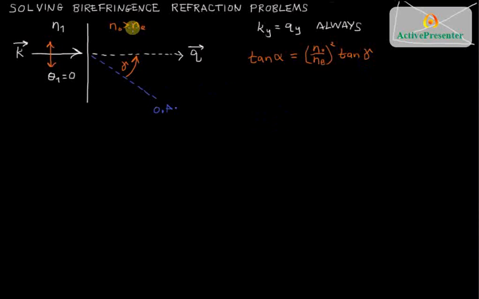So if NO is greater than NE, this number will be greater than 1. That means the tangent of alpha is larger than the tangent of gamma. And since these angles are always between 0 and 90 degrees, when the tangent of an angle is bigger than another angle's, that means the angle itself is also bigger.